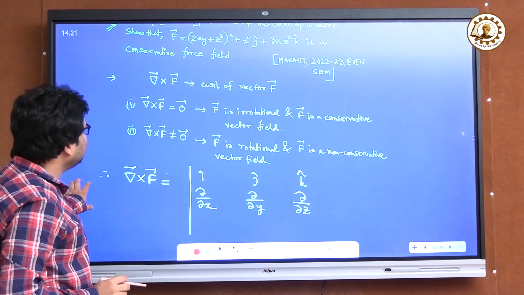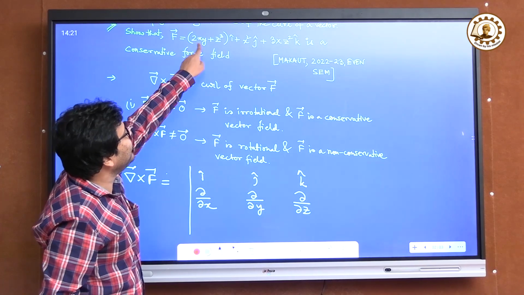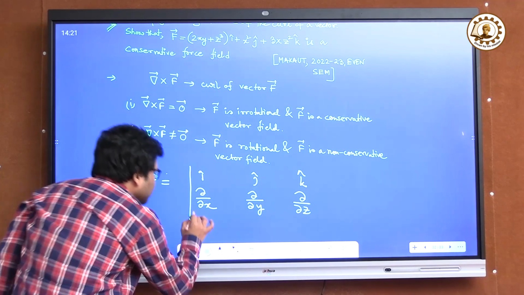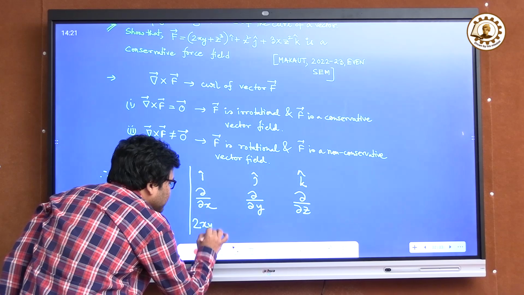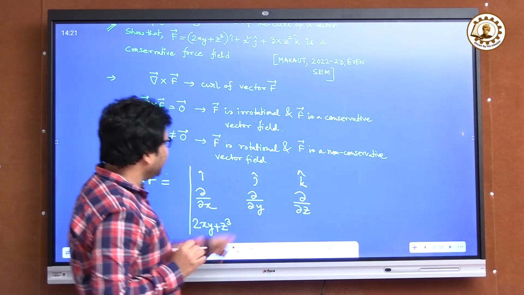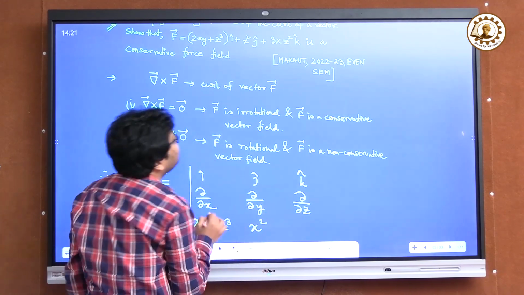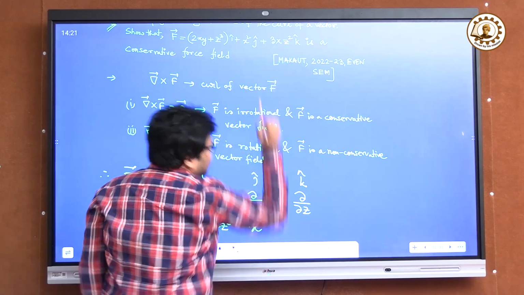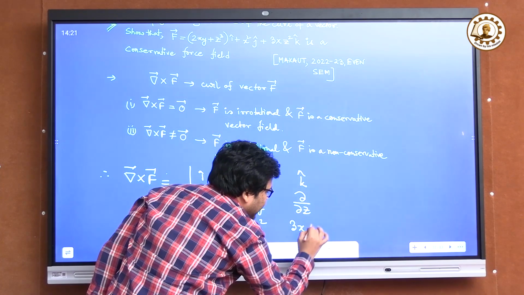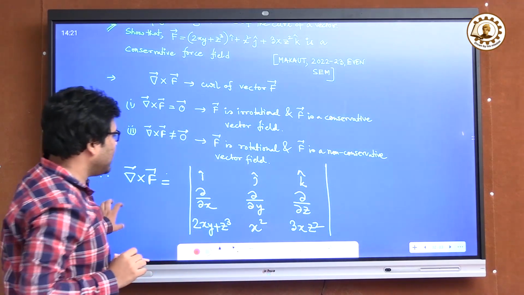Now we have to write all the components of F vector. The x component of F vector is 2xy plus z cube. What is its y component? Its y component is x square, and its z component is 3xz square. Okay, so we have to solve this determinant.